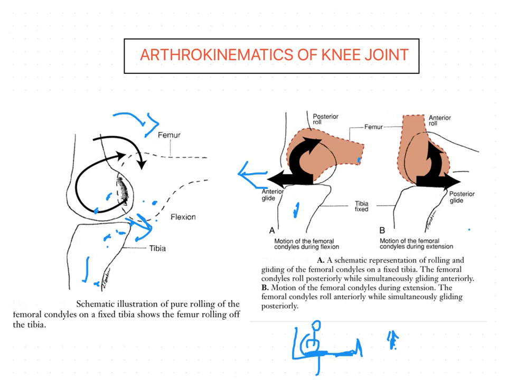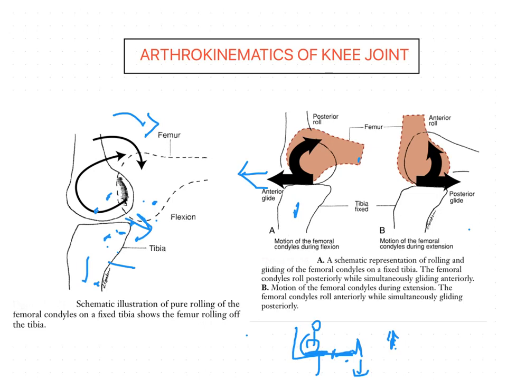When the tibia is flexing on a fixed femur, the tibia both rolls and glides posteriorly on the relatively fixed femoral condyles. So what is happening here?